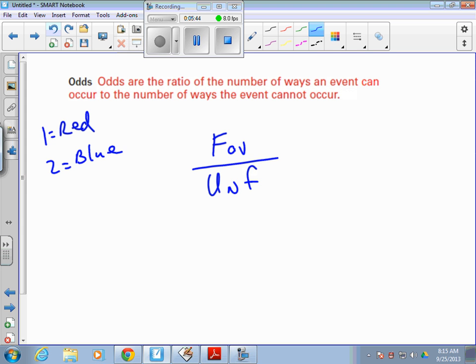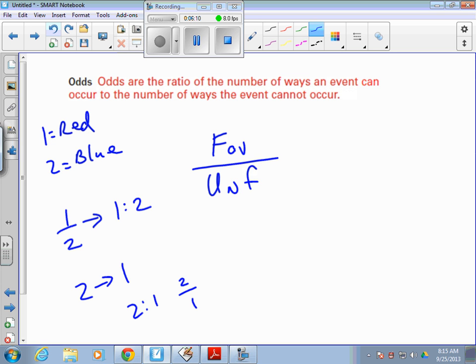If you put 3 things in a bag and you pull them out at random, the odds of you pulling a red are 1 to 2. You could also write that as 1:2. That means the same thing. The odds of you pulling a blue are 2 to 1, written as 2 to 1 or 2:1.